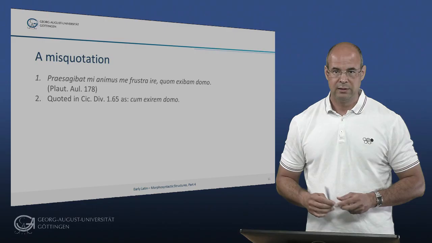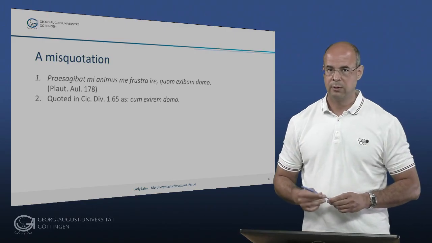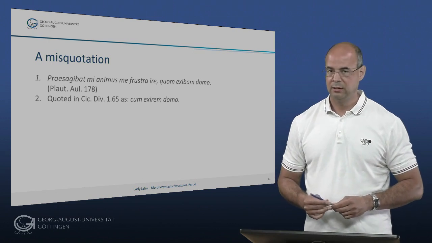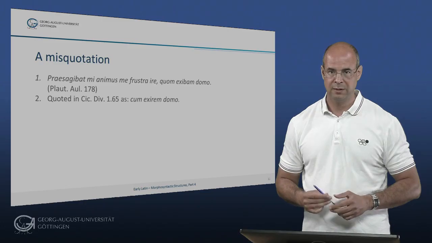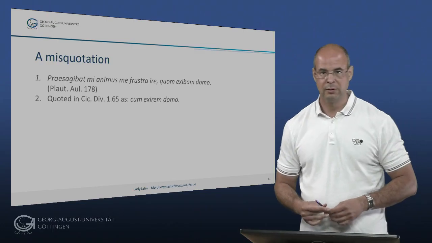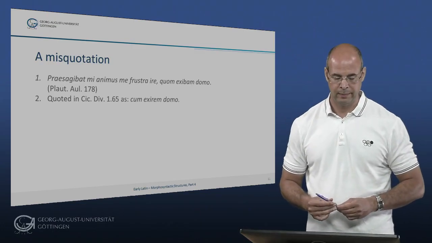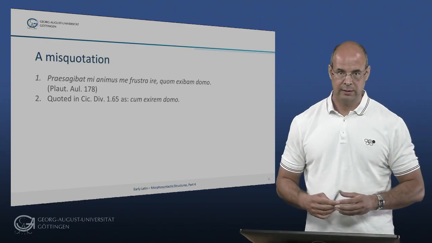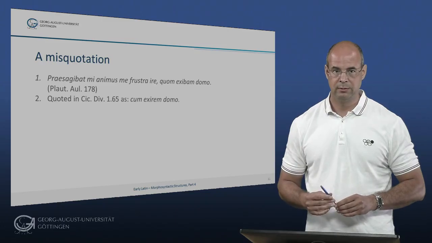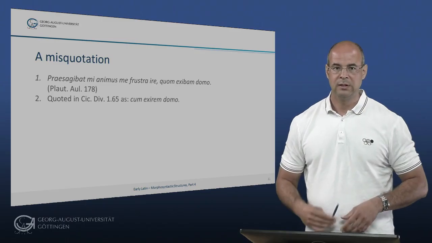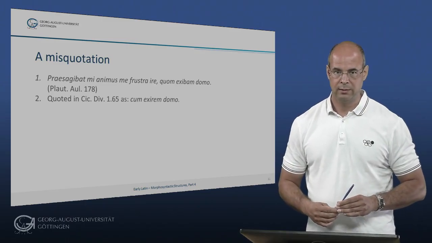Adverbial clauses come in different types. Some, like ut clauses, are always in the subjunctive. In others, we find a meaningful choice between moods, and in others we can find interesting diachronic developments. And I'm going to give you one example here. In cum clauses, we normally learn, for classical Latin, that the subjunctive has to be used when cum means because or even though, and the indicative is used when it means when.